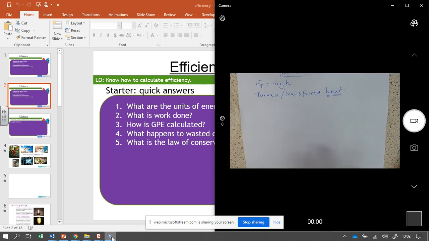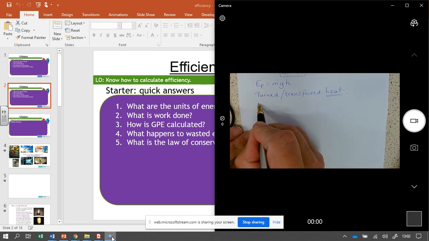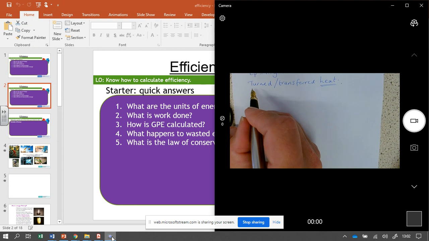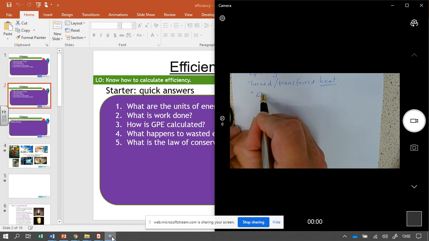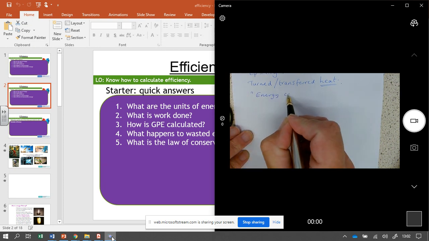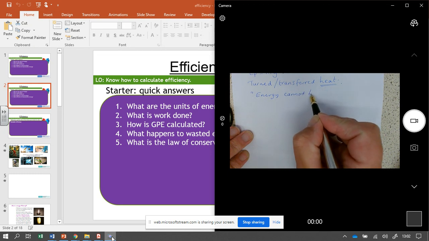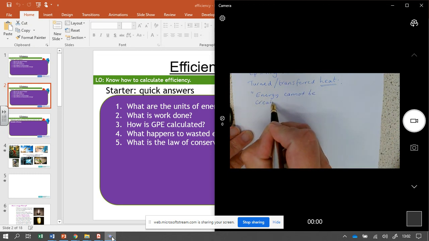And what is the law of conservation of energy? Now, this is one from Key Stage 3 that you should know. If you don't, I will tell you now, and I would write it down also. Energy cannot be created or destroyed.